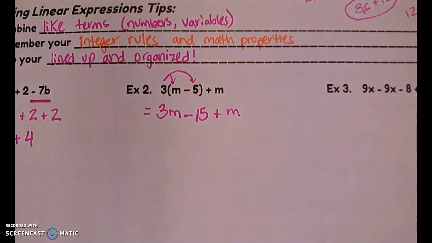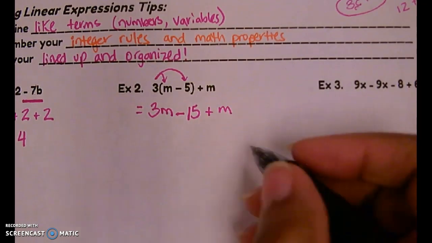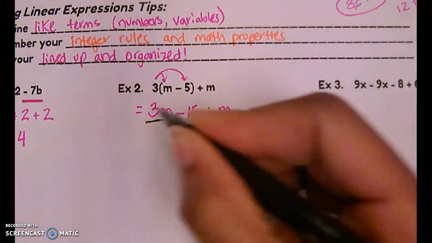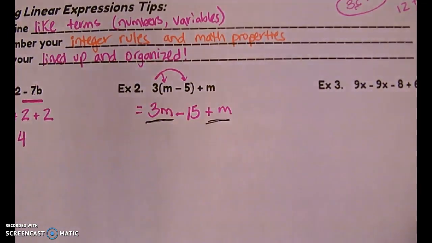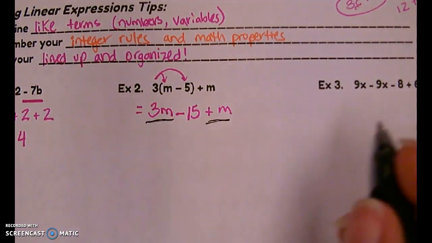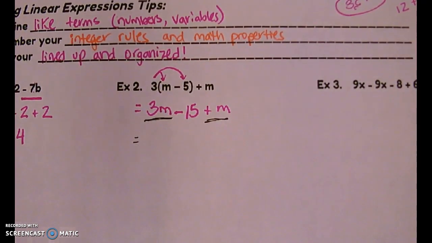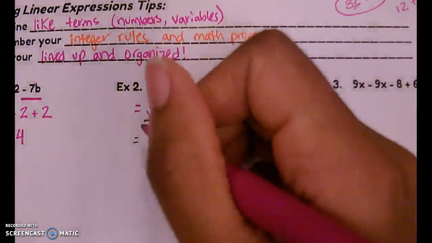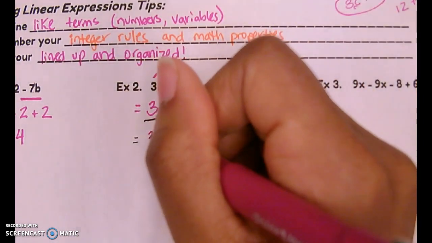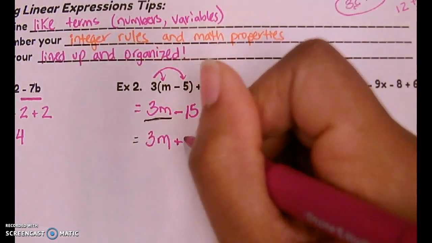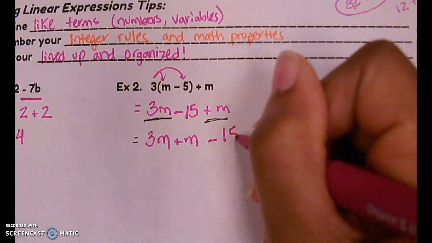Okay? Now I'm going to see that I have 2 like terms, and my 2 like terms are my m's. So, I have 3m and I have positive m. So this is the same thing as saying, if I want to line them up correctly, or line them up in a way that I can understand it, this is the same thing as 3m plus m minus 15.